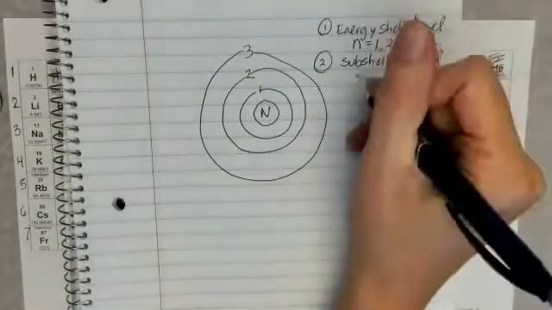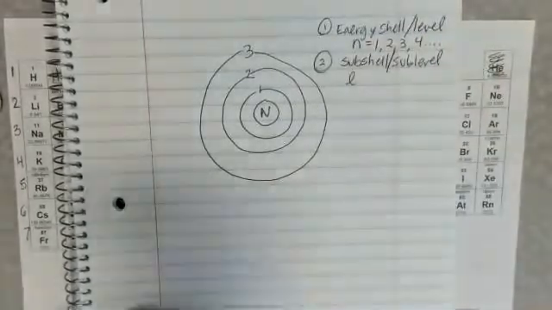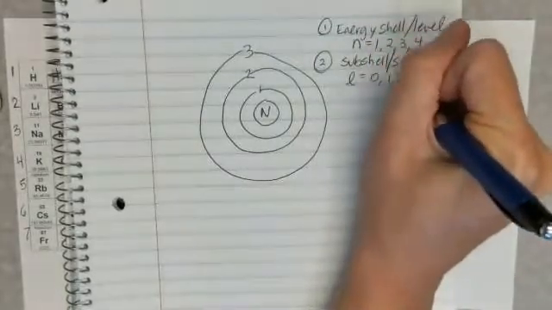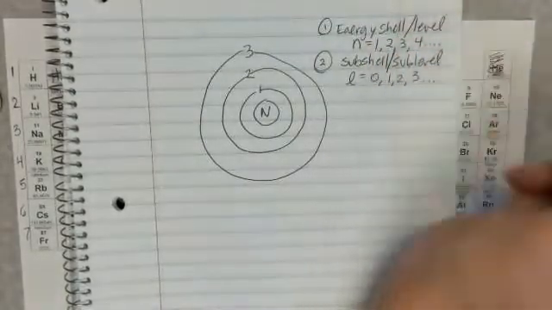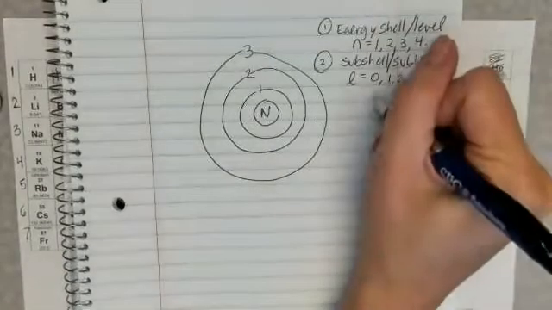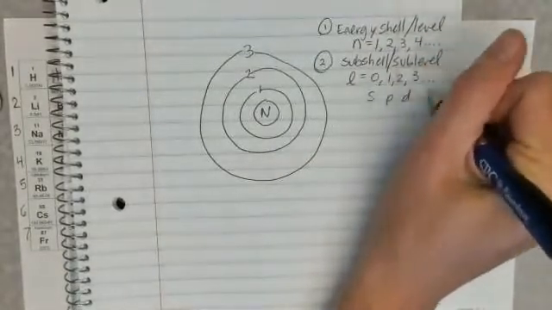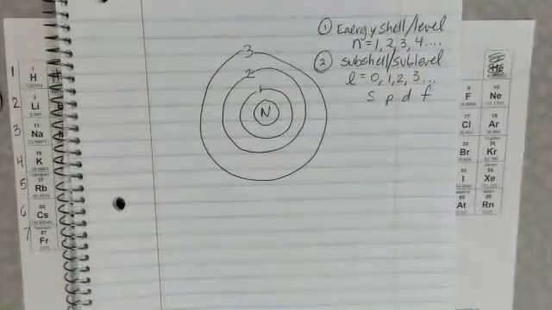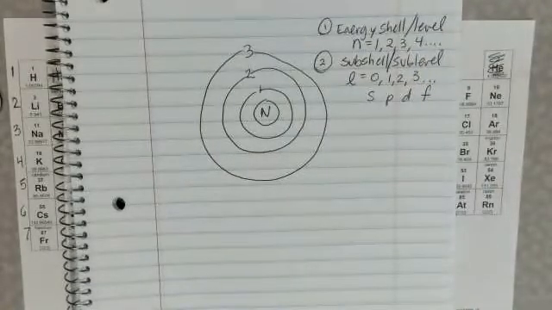So this is where we were looking at our L back in chapter 8, and we had values of 0, 1, 2, and 3. Theoretically, there are more values than that, but those are the only ones we have on the periodic table. And this is the S, P, D, and F blocks on the periodic table. So within an energy shell, we can narrow it down even more and look at electrons in specific regions of space.